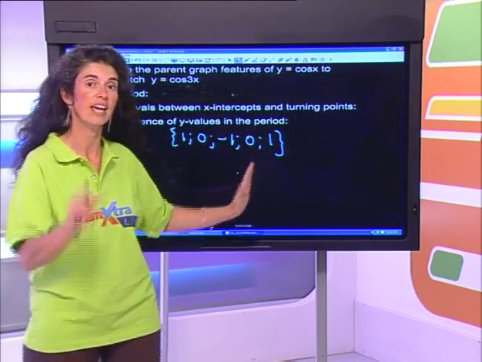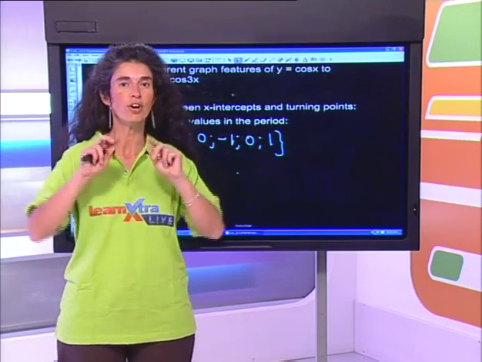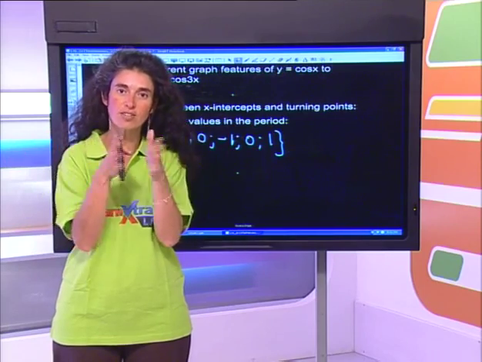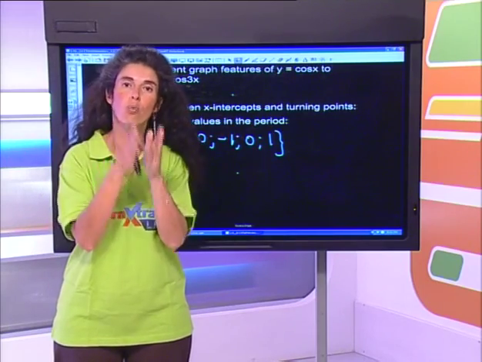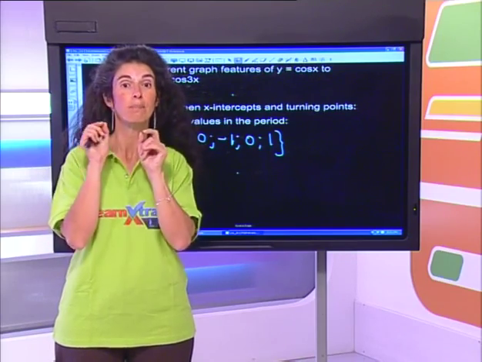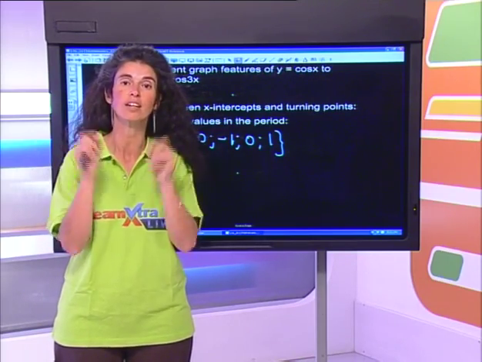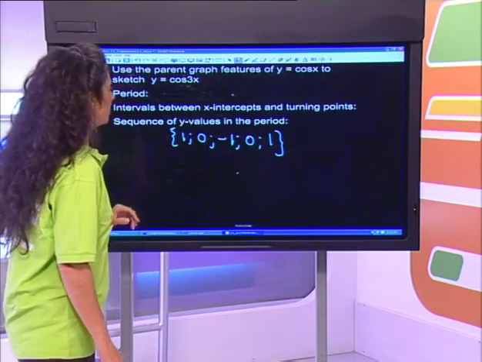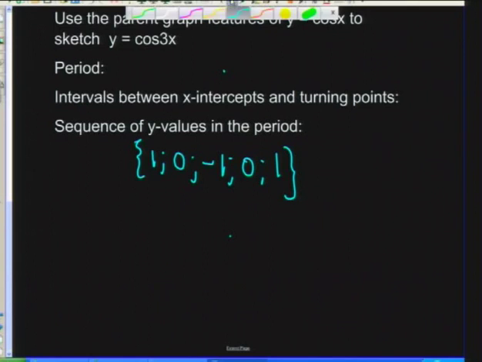If we know that this is fixed every 90 degrees, and we multiply x by a coefficient that affects those intervals, we want to know what the new intervals are. Because remember, the y values are fixed, but the intervals, the angle at which you're plotting, will change.